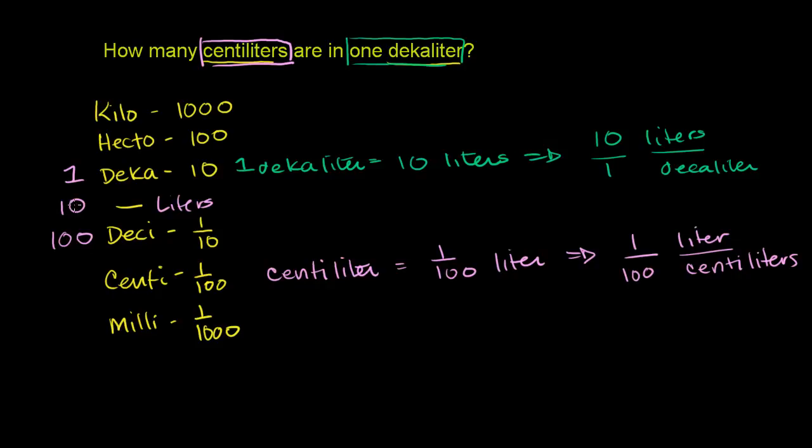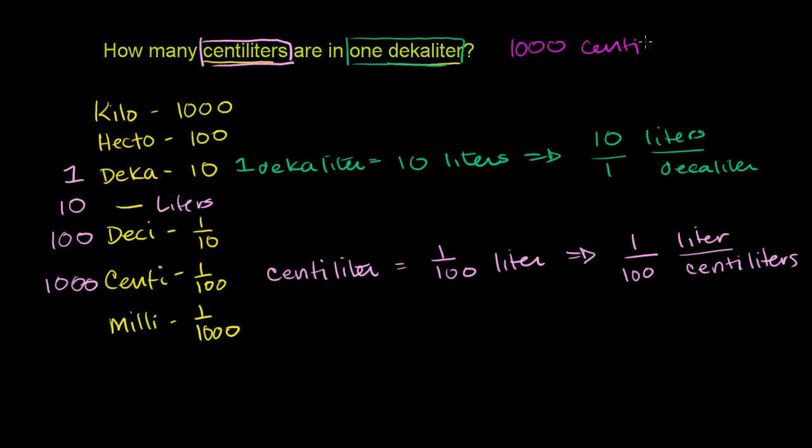Because each of these is 10 deciliters, and you have 10 of them. So every time you go down, you're going to be multiplying by a factor of 10. 100 deciliters is how many centiliters? Well, each deciliter is going to be worth 10 centiliters, so that's going to be 1,000 centiliters. So we have our answer. 1 decaliter is 1,000 centiliters.